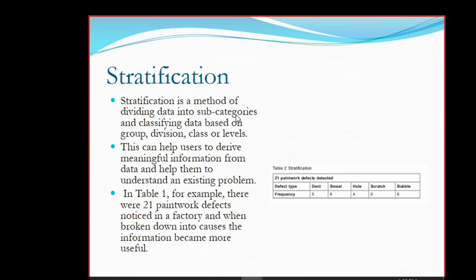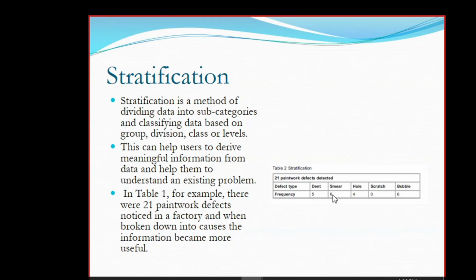Another tool is called stratification. Stratification is a method of dividing data into subcategories and classifying data based on group, division, class, or levels. Okay, so here we have how many dents. This is the defect type, so it happens 5 times, for example. The frequency, you are going to count how many times it's happening.